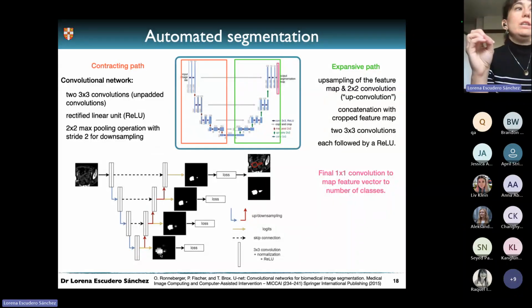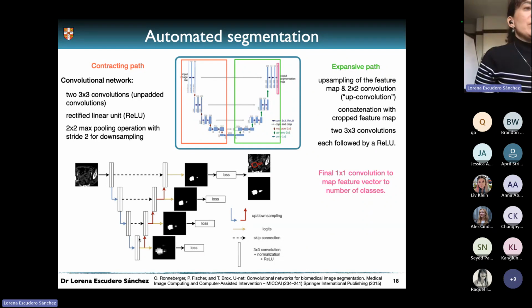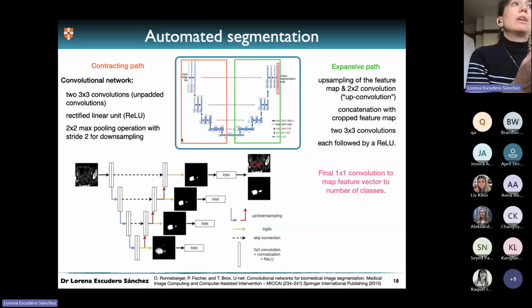We need to give an answer for every pixel in the input image, which means we need to resample our answer so that it corresponds to the same input size of the original image. So we need an expansive path, which is similar to the contracting path in terms of applying convolutions. The difference is that instead of max pooling operations, we have upsampling or up-convolution operations.